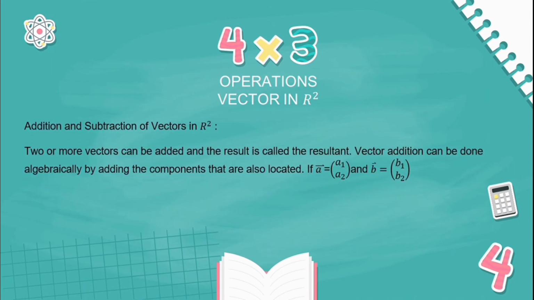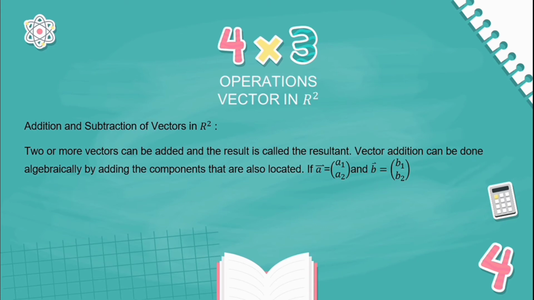Operation of vector in R square or R2. Addition and subtraction of vector in R2. Two or more vectors can be added and the result is called the resultant.